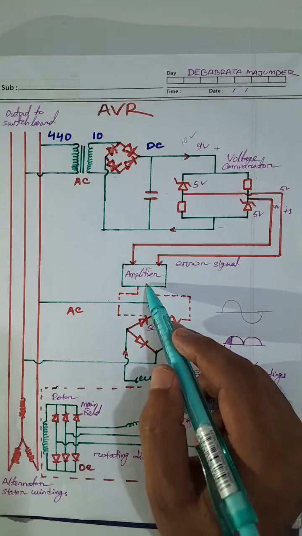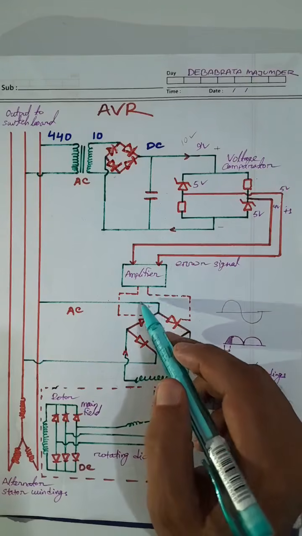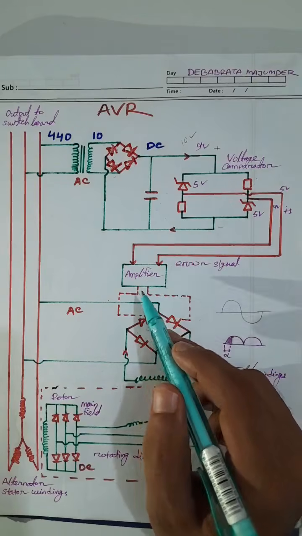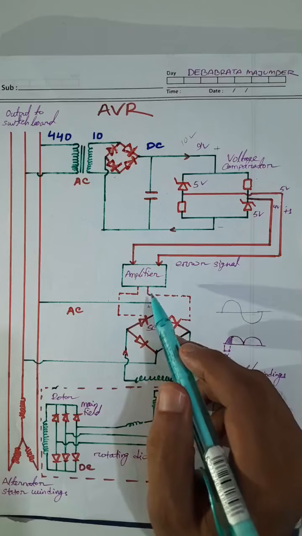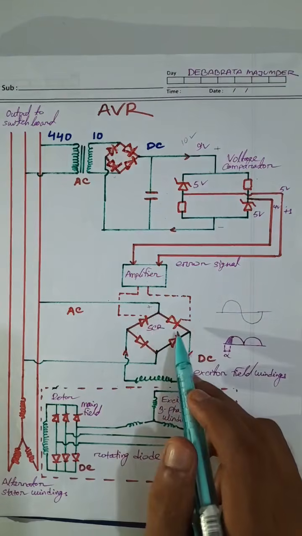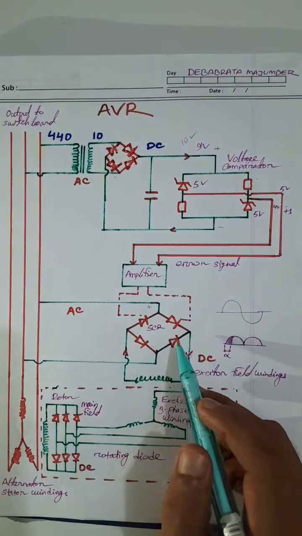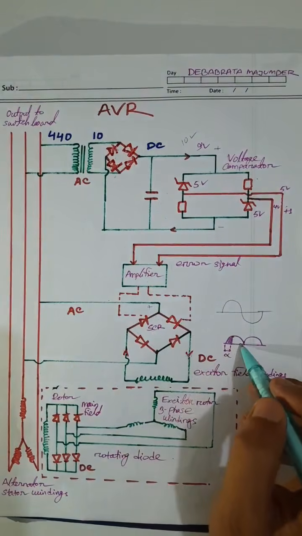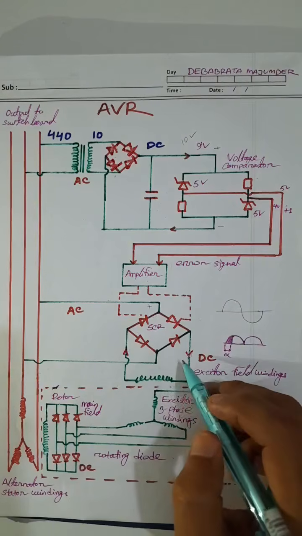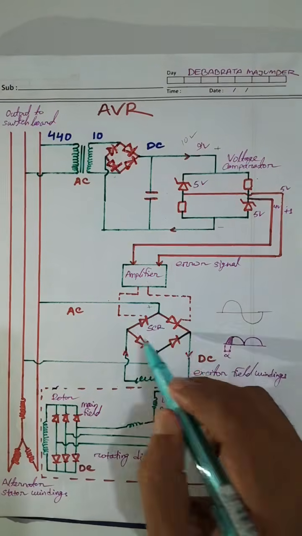The error signal from the amplifier output controls the firing angle of the thyristor or SCR through a triggering circuit. That means how much voltage we need for excitation is controlled by this triggering circuit.